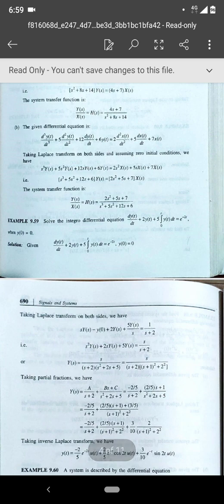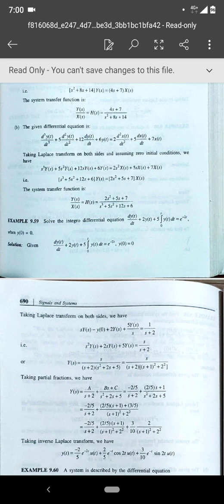So taking the Laplace transform of both sides, what you get is s into y of s minus y of 0 plus 2y of s, plus 5y of s by s, that is the Laplace transform of an integral.